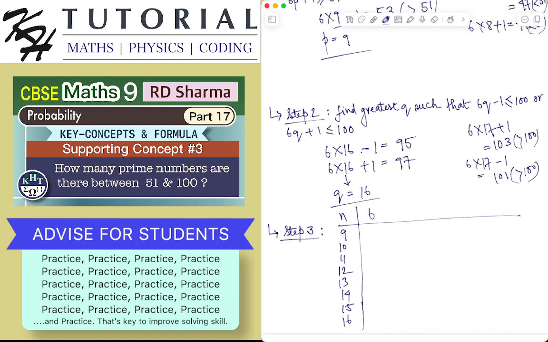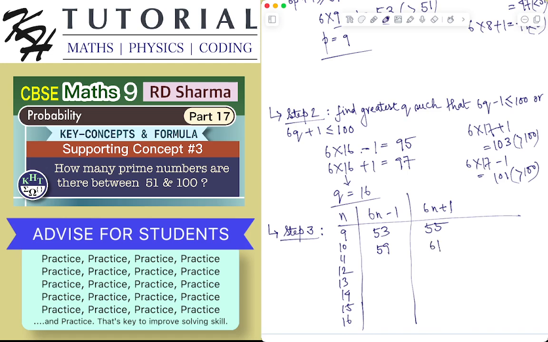We will quickly find the value of 6n minus 1 and 6n plus 1, and of these numbers we will see how many prime numbers are there. Okay, so this is 53 and this is 55. This is 59 and this is 61.